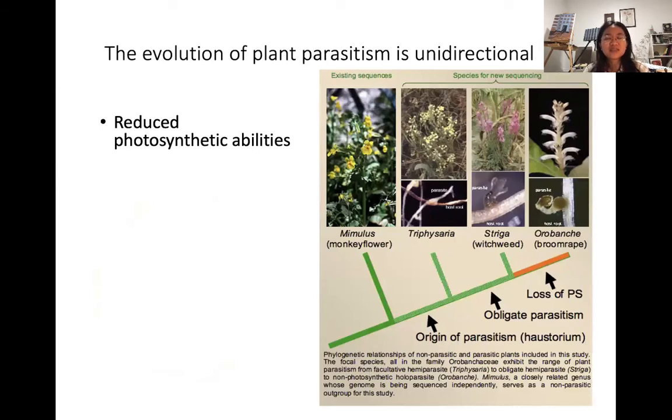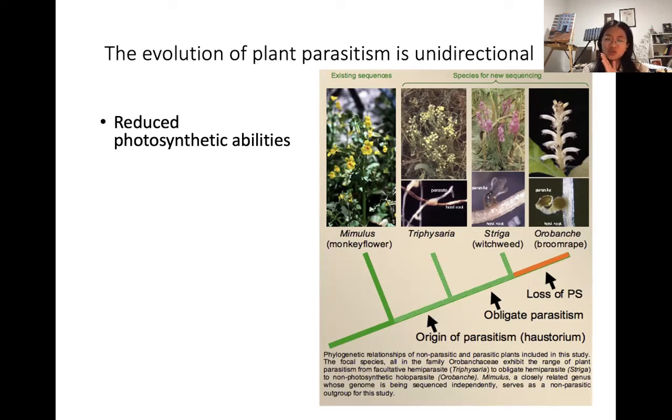The best example to demonstrate this law or principle is within the parasitic family Orobanchaceae. Orobanchaceae is an exceptionally diverse family compared to other parasitic lineages, containing more than 1,000 species distributed worldwide. The basal lineage is the free-living Lindenbergia.